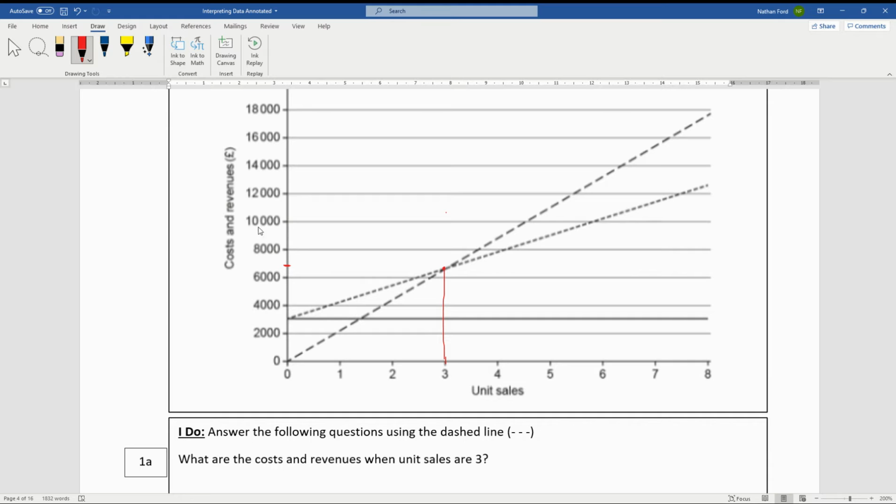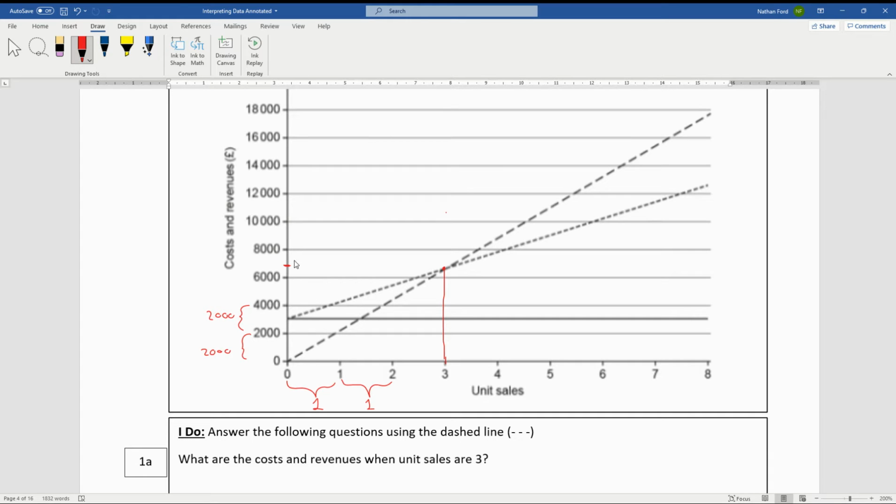This is the next bit we need to do whenever we're reading from a graph. The first thing we need to do is figure out the scale. We can tell from the bottom that each gap, if done correctly, should be exactly the same. Each gap here represents 1 unit sold. And if we have a look at this one, this gap here should represent 2,000, and every single time it's the same.